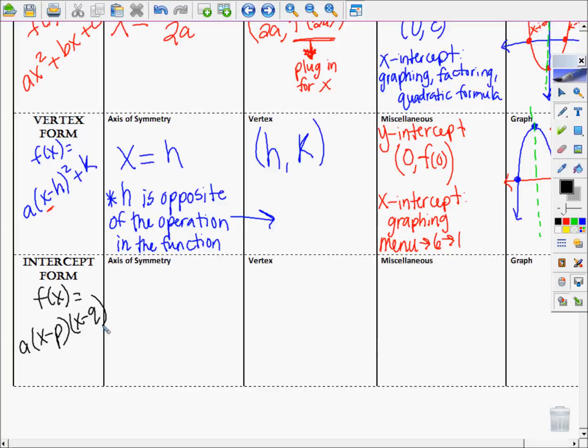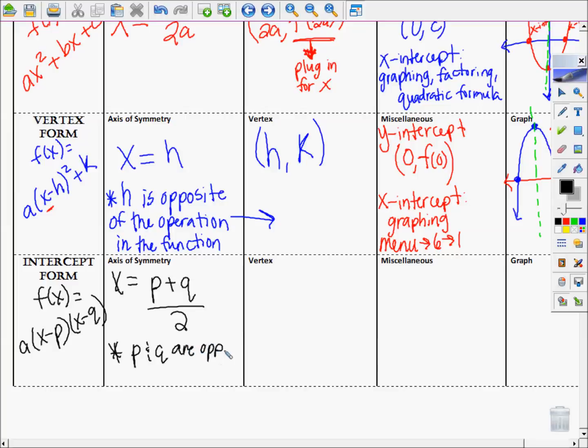Okay? So what you gather from here is that your x equals your p plus your q divided by 2. What you have to note is that p and q are the opposite of the operation.